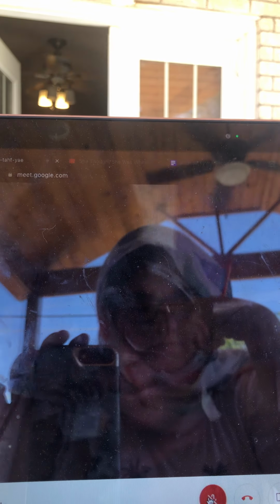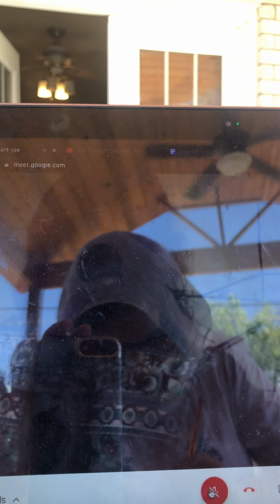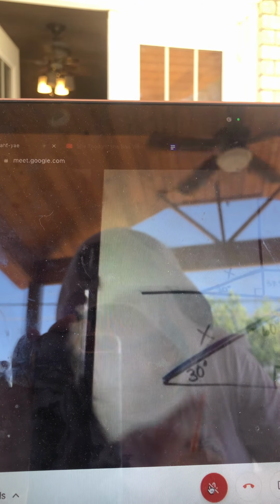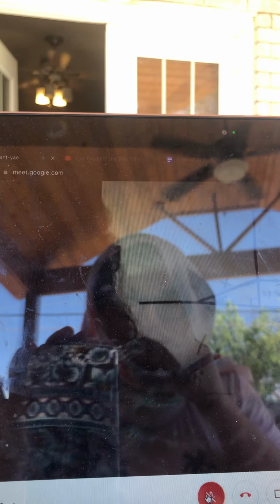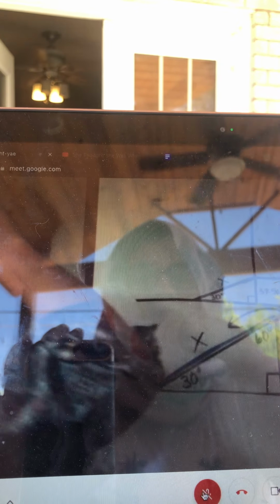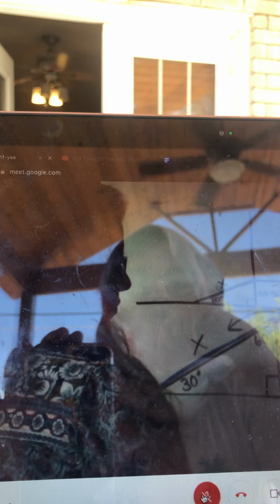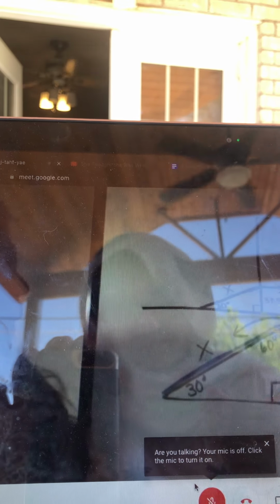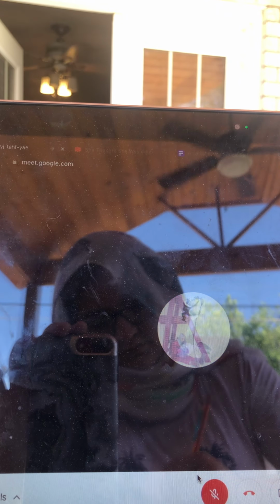Yes. What do I do to my short leg when I want to figure out the hypotenuse? You multiply it by 2. Correct. What is 37.5 times 2? 75. Do we agree?